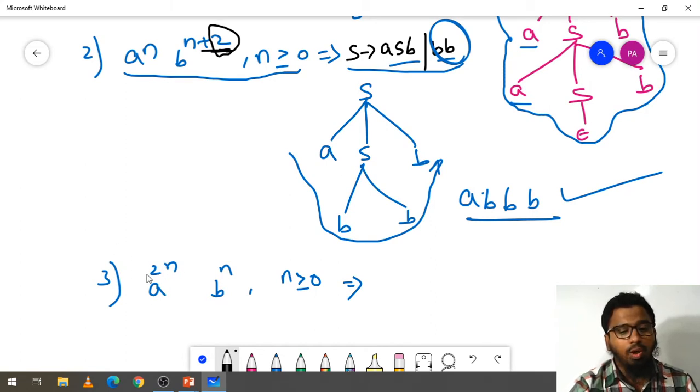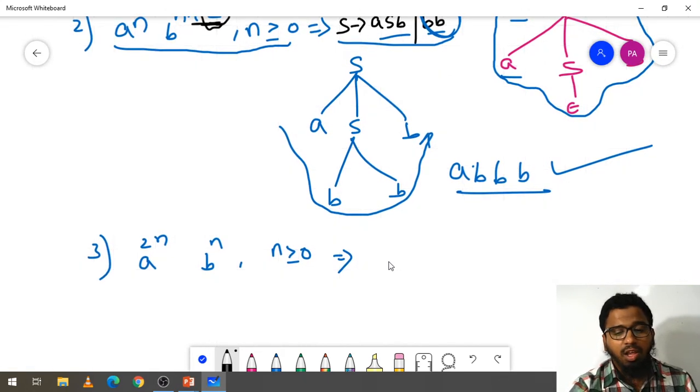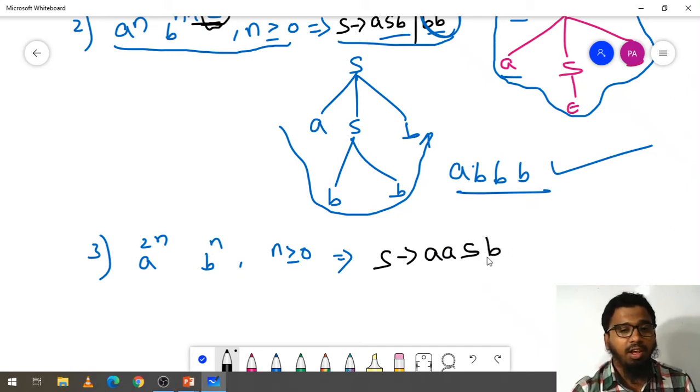What is this 2n? Whenever you have 2n, 3n, 4n, you need to take the terminal that many number of times: A, A, and take the S and B.